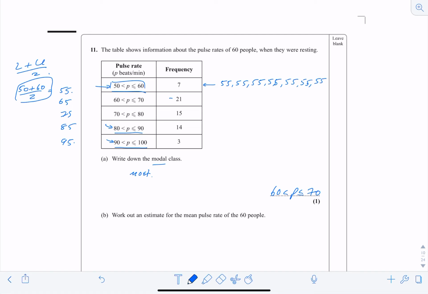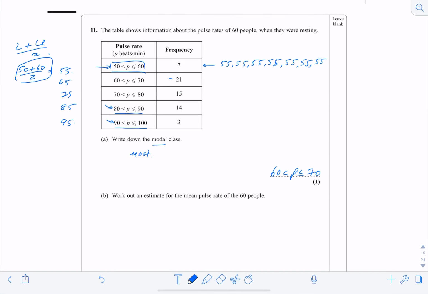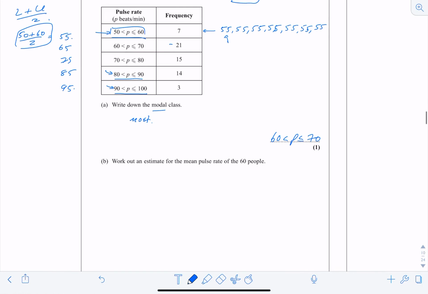The next 21 pieces of data would be 65, and then 15 lots of 75, 14 lots of 85, and 3 lots of 95. So to work out the mean, remember what we do is we get all of our pieces of data and we add them all together and we divide by the number of people, the number of pieces of data. We know we've got 60 people.